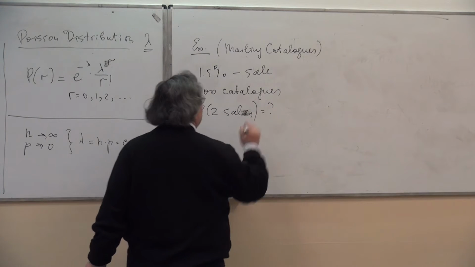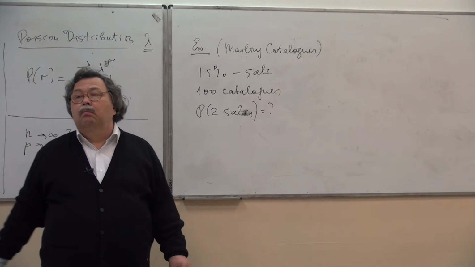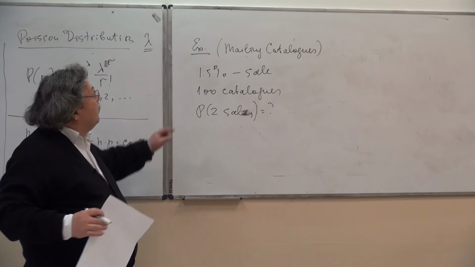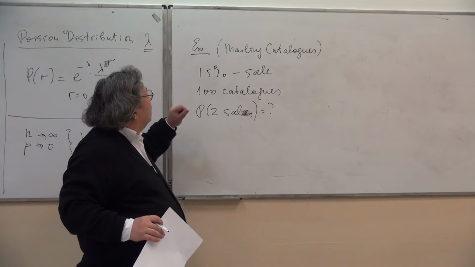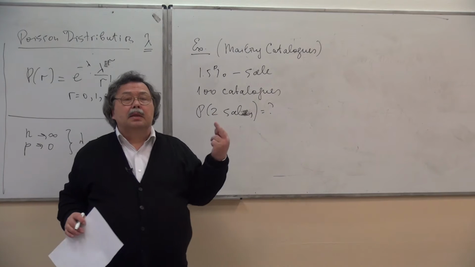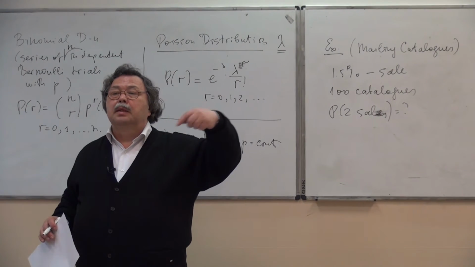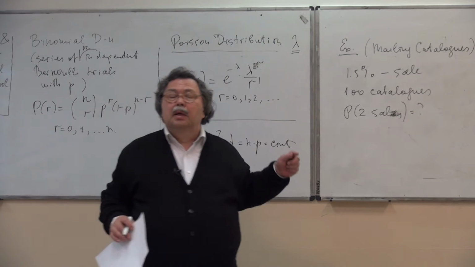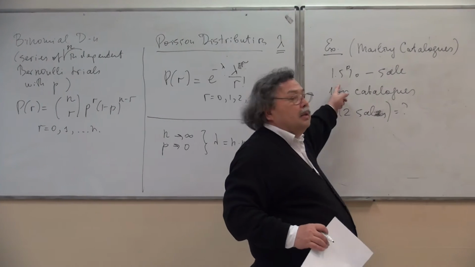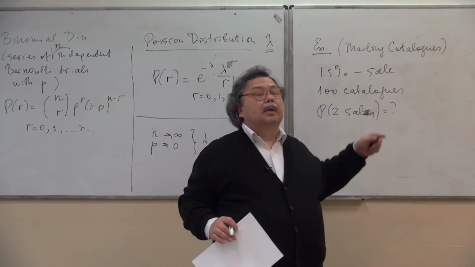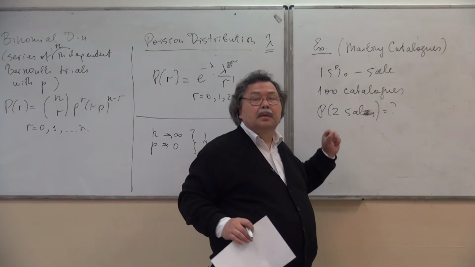Well, now please notice that the probability of success on each trial, and we interpret each catalog that is sent out as a trial, is small, and the number of trials is rather large.